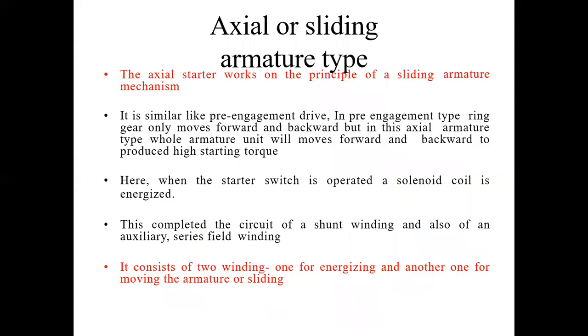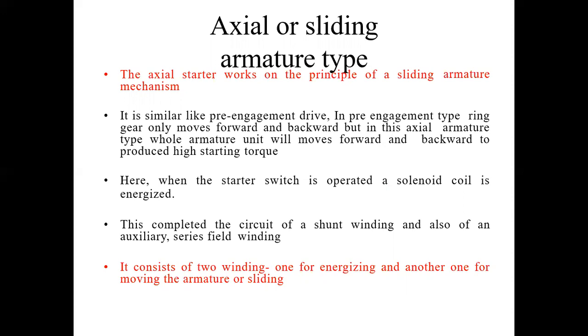Axial or sliding armature type model. The axial starter works on the principle of a sliding armature mechanism. It is similar to the pre-engagement drive. In the pre-engagement type, the ring gear only moves forward and backward, but in the axial armature, the whole armature moves forward and backward to produce high starting torque. Here, when the starter switch is operated, a solenoid switch is energized. This completes the circuit of a shunt winding and also of an auxiliary series field winding.